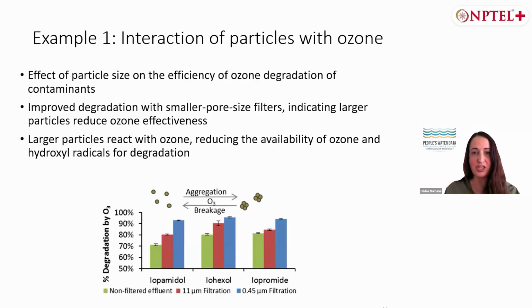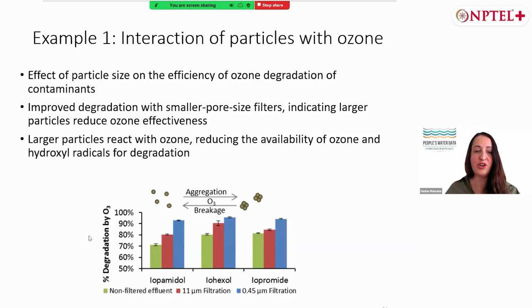treatment technologies. One of them, for example, is the interaction of particles with ozone. Here we can see that we have 3 different types of micropollutants, iopamidol, iohexol, and iopromide. And we can see here that the green bar represents non-filtered effluent, while the blue bar represents the most filtered effluent.